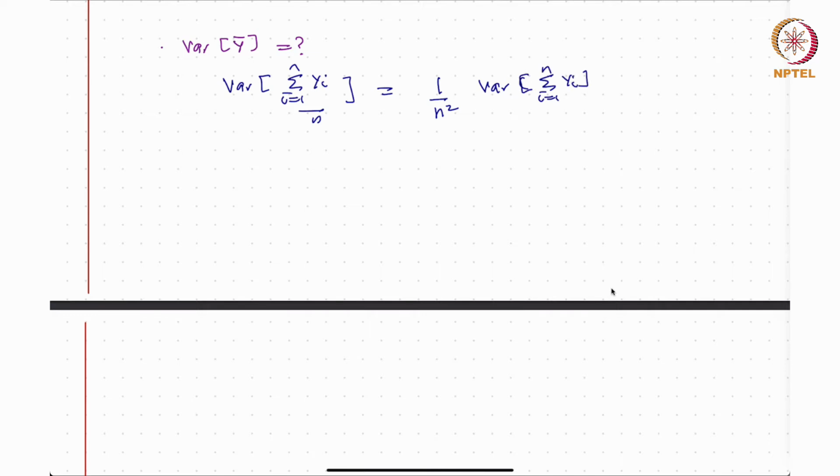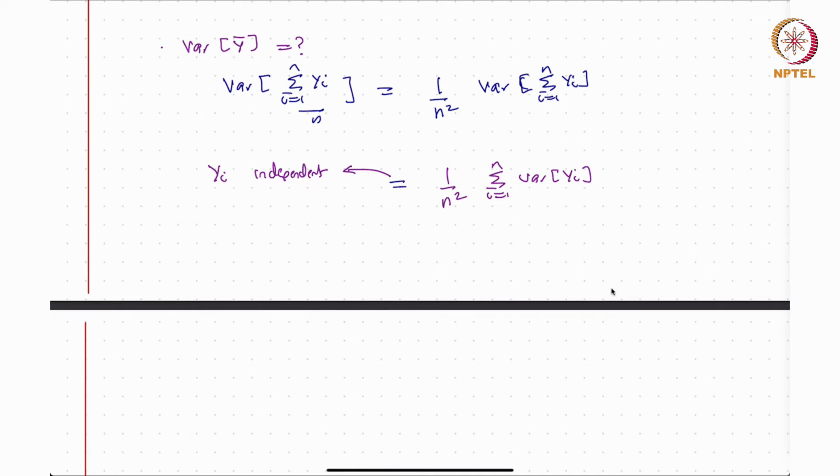Now here is where I'll use the fact that the yi's are independent. If they're independent, then the variance of the sum of the yi's is just the sum of the variances. So it's 1 over n squared times the summation i equal to 1 to n of the variance of the yi's.